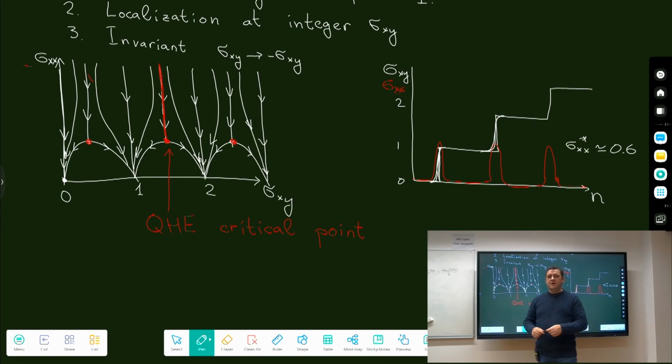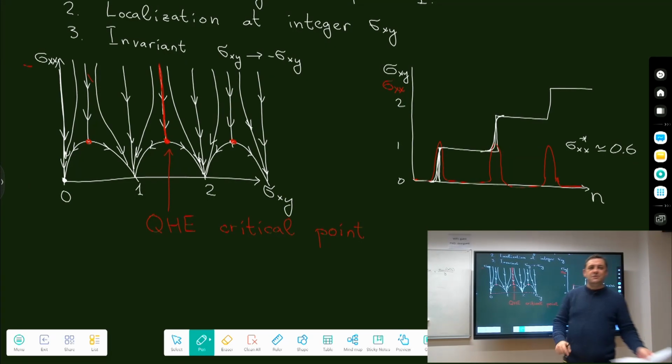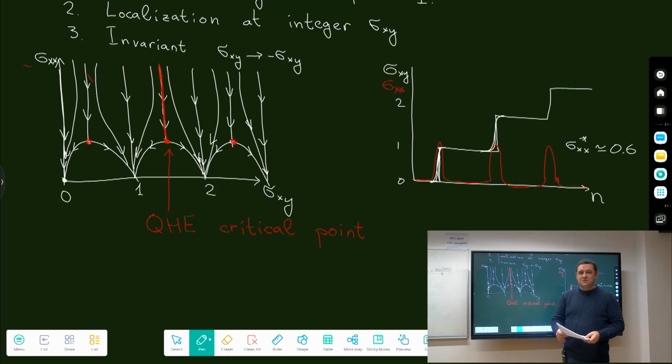It should be some extended theory that has a conformal symmetry, and there are speculations that this is a conformal theory with a central charge equal to this, because we know from numerics that the localization length exponent is 7/3, so this looks like the central charge 5, I don't remember. There are many speculations, nothing rigorous so far, and no big hope to do it analytically in any near future.